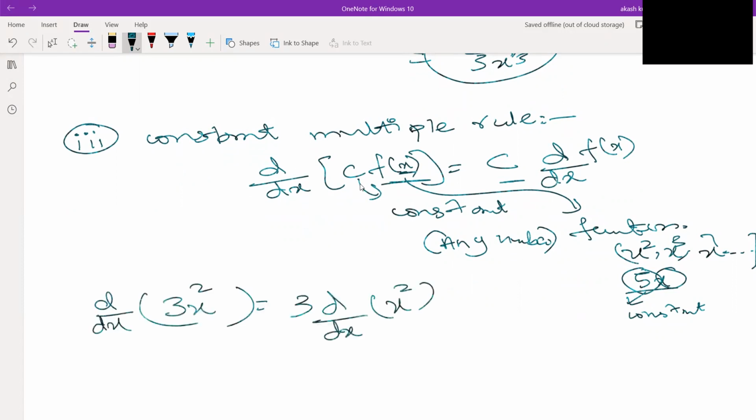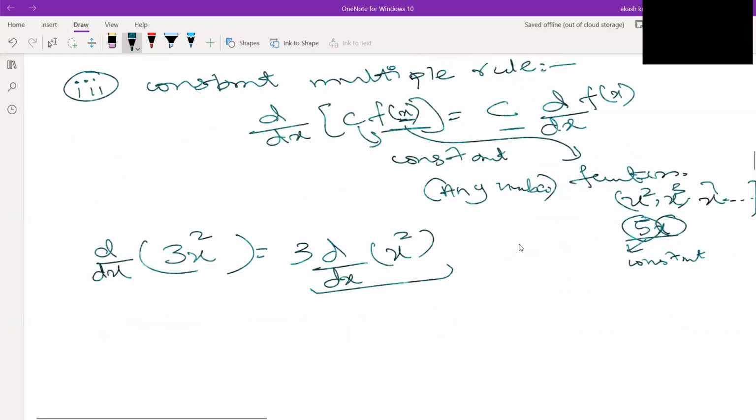We can use the power rule again to calculate the derivative of x squared. So the constant we leave outside, and inside the bracket it will be 2x to the power 1. So it will be 6x.